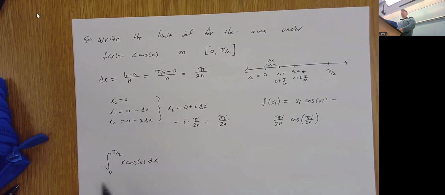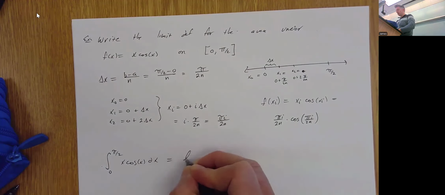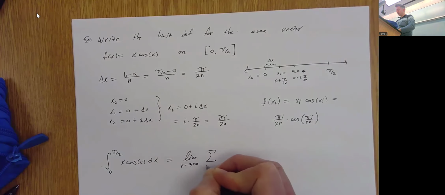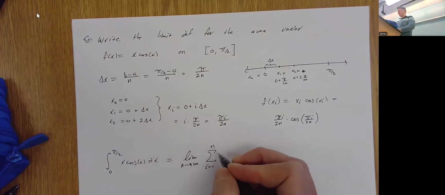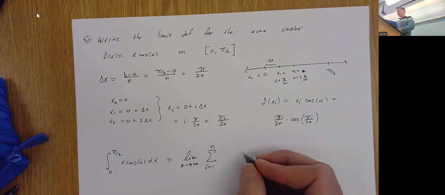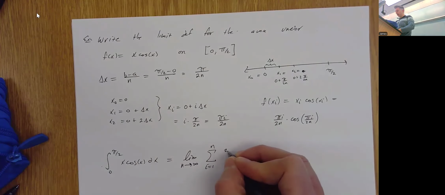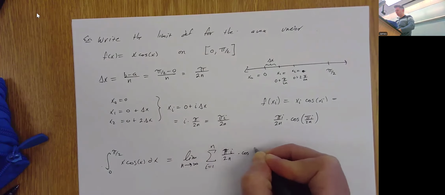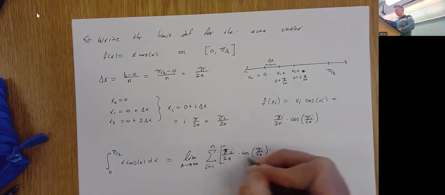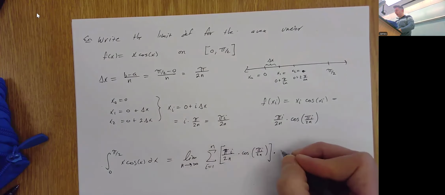Right, that's what this symbol means for us currently. That's going to be the limit as n goes to infinity of the sum from i equals 1 to n of my f of x sub i, that's this here, so pi i over 2n times cosine of pi i over 2n, all multiplied by my delta x, which is pi over 2n.